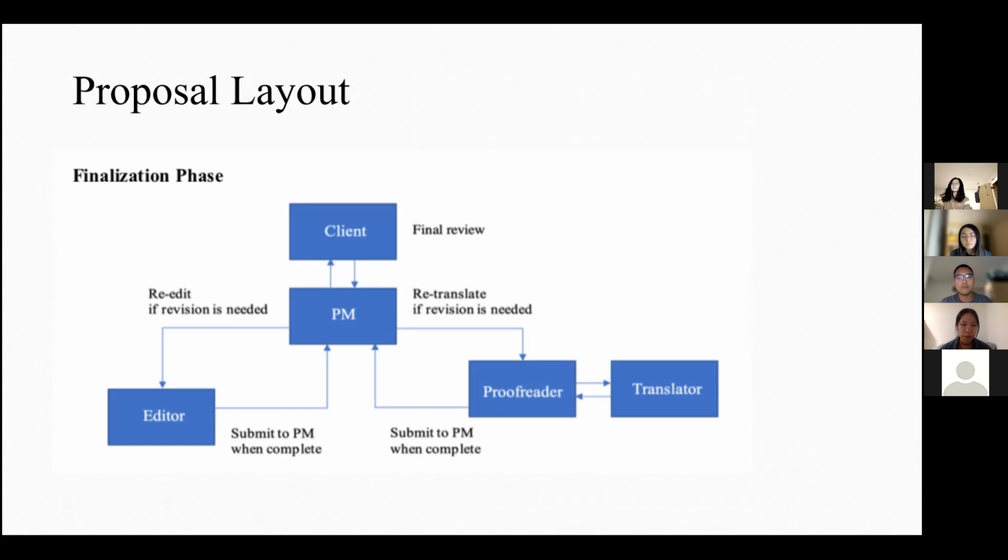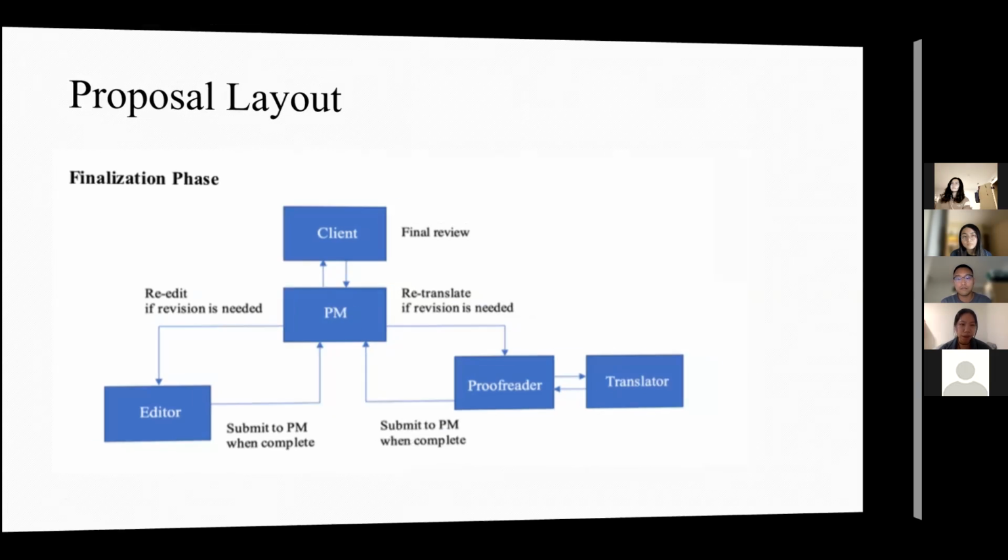With this chart at a kickoff meeting, we were able to tell the client that whenever there's a problem, he should go to the PM first, and then the PM will get in touch with the editor, the proofreader, or the translator to solve that issue. What we've learned from these 2 examples is we need to use more visual aids in order to let the client understand our proposal and the whole process.